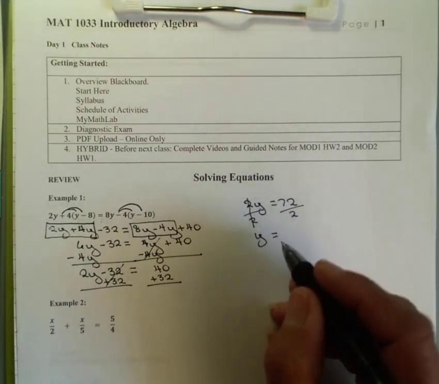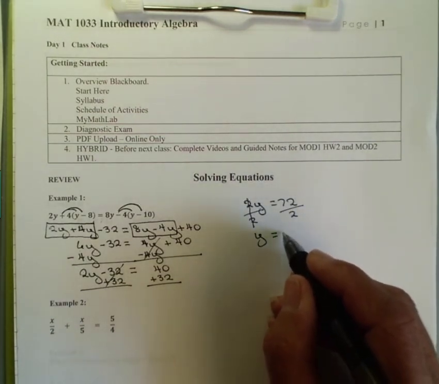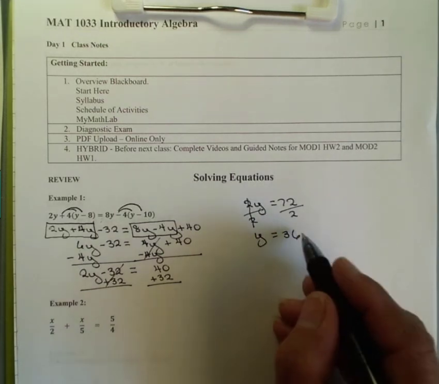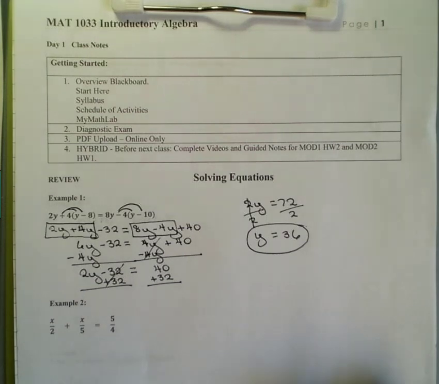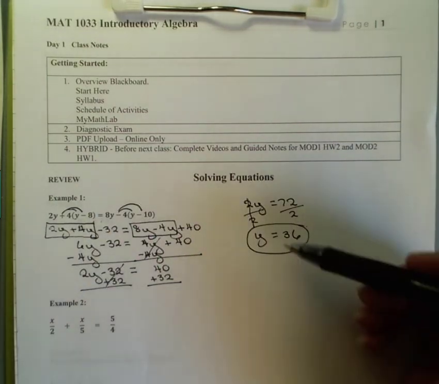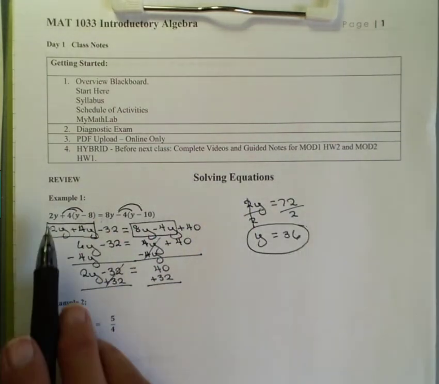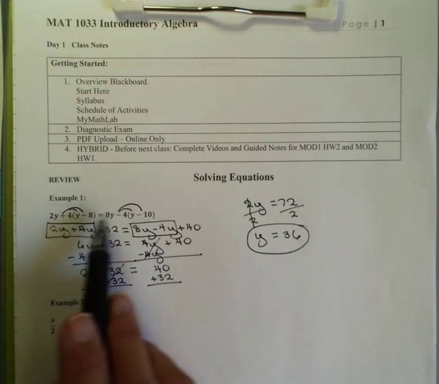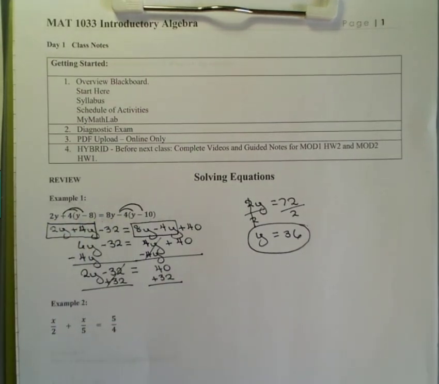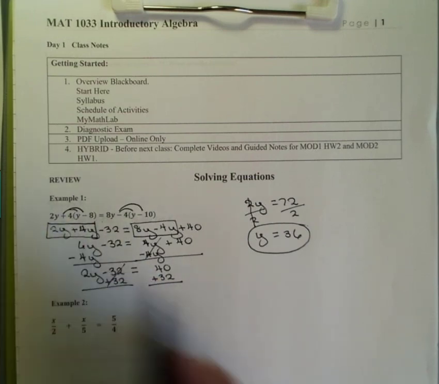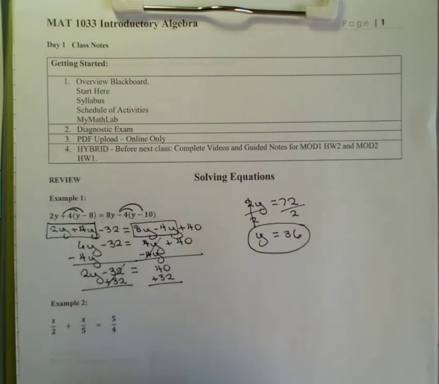And 72 divided by 2 is going to give me 36. I finally got the answer I needed because y is equal to a number, and y is equal to 36. I can check it. I would plug in 36 in the original equation every time I saw y, solve that equation, and it should come up with numbers that are equal to each other.